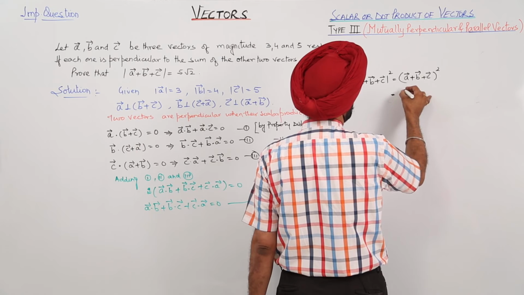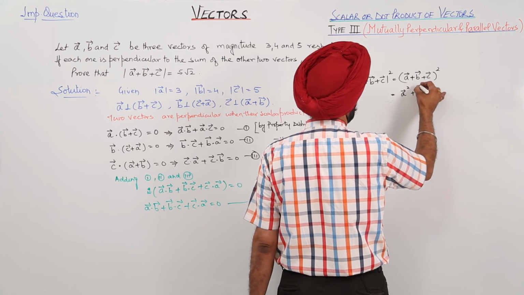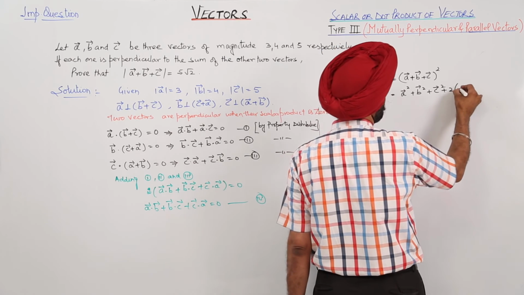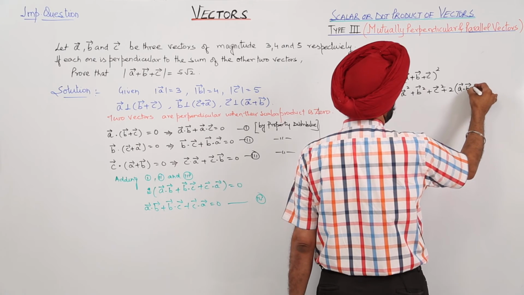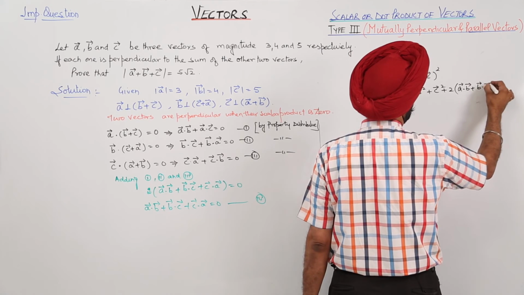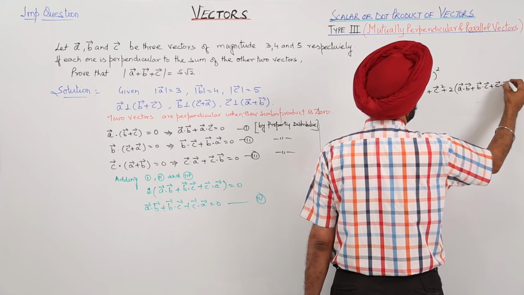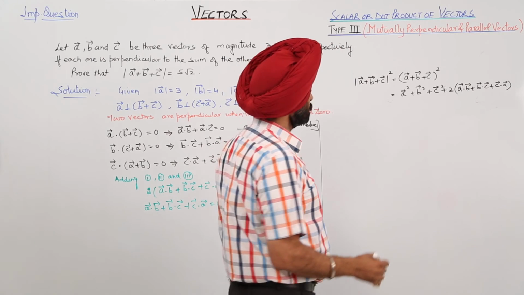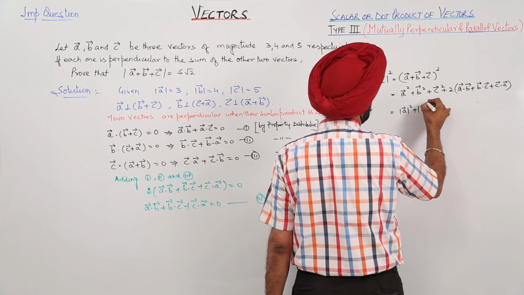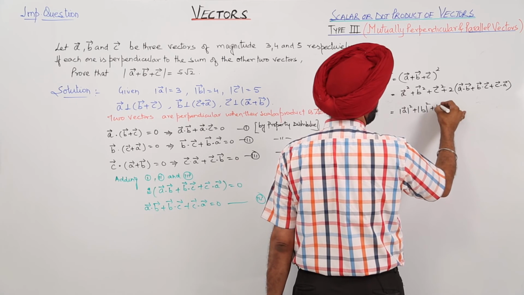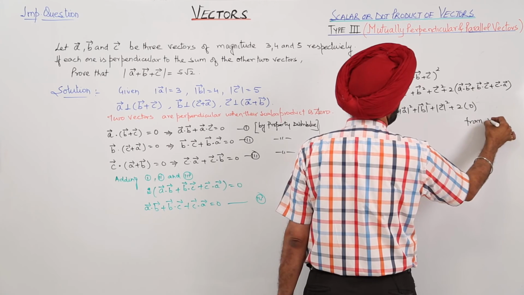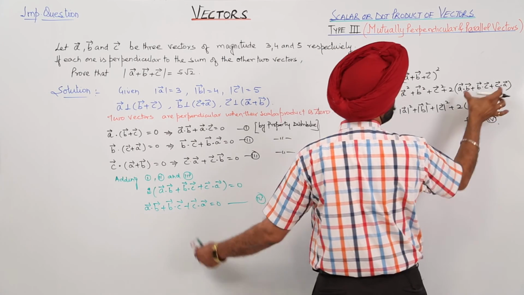Now this is equal to vector A square plus vector B square plus vector C square plus twice of vector A dot vector B plus vector B dot vector C plus vector C dot vector A. To this, what we can write now? From 4, because this is 0, so this whole becomes 0.